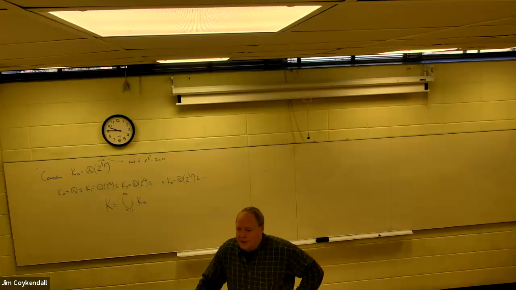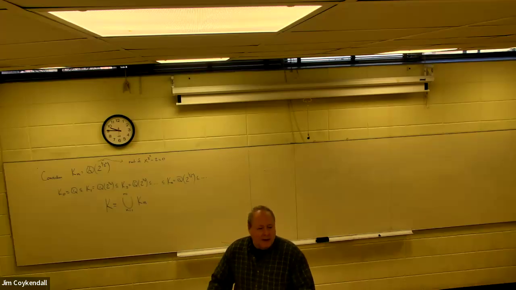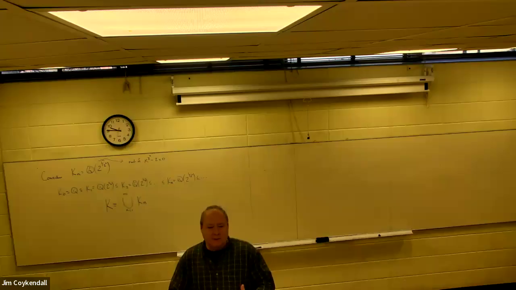Yeah, that's right. And you were right to look at me cross-eyed like that, because generally speaking, if I take unions of fields in general, I don't expect that to be a field, right? Remember how we talked about the composite field? If L and M are field extensions of some field, to get the composite, you take the union of L and M and see what they generate.